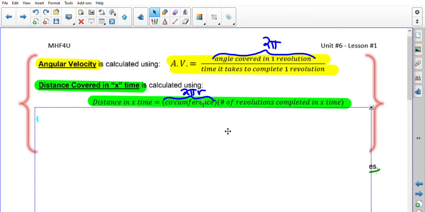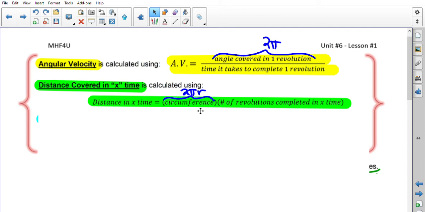Now the distance covered in x time. The distance something covers in x time is going to be the distance around the circle, which is the circumference, multiplied by how many times it rotates. So if there's 10 centimeters in the circumference, then when I rotate once, I've traveled 10 centimeters.